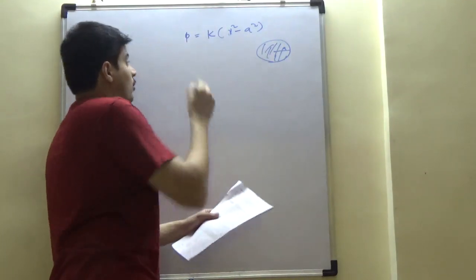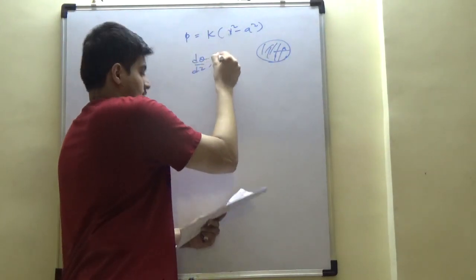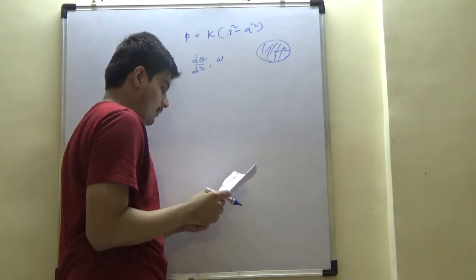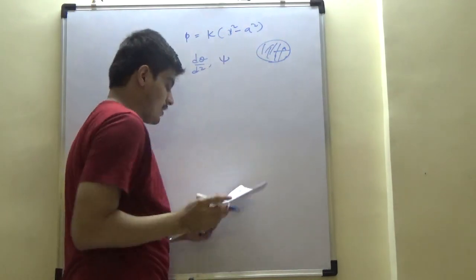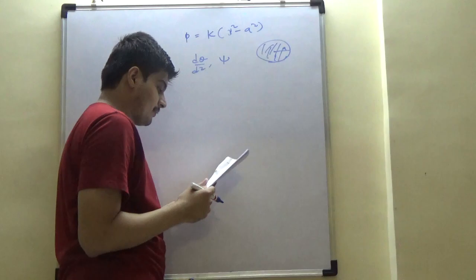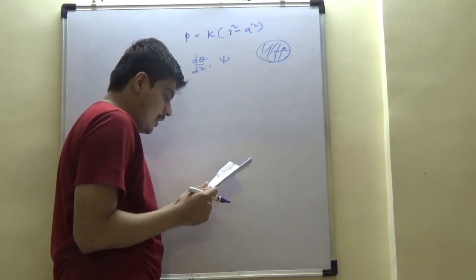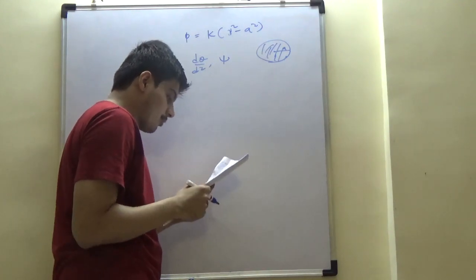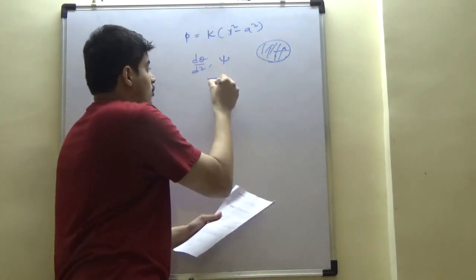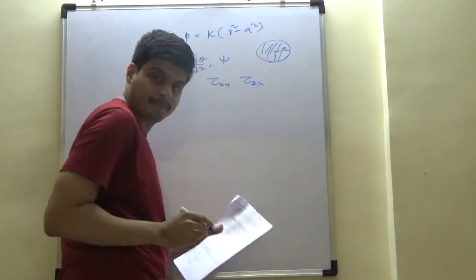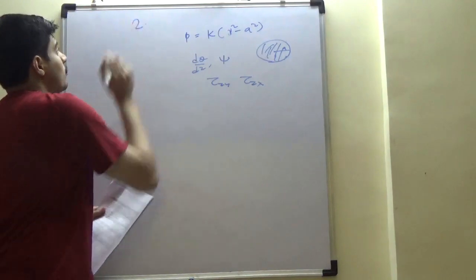We are asked to find d theta by dz, the warping function w or psi, which is our St. Venant's warping function, of course the rate of twist, and inertia of course we know, so we will not do it again, and tau zy and tau zx. Okay, so this is our problem number 2.